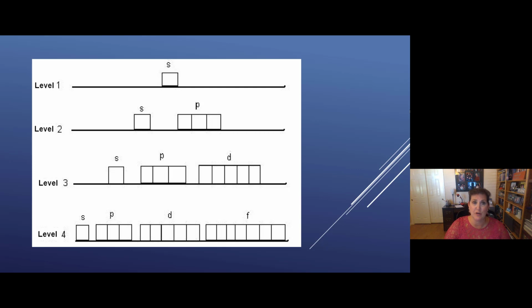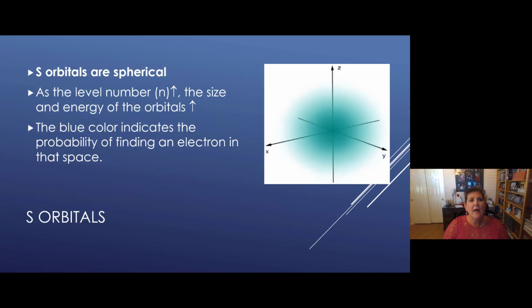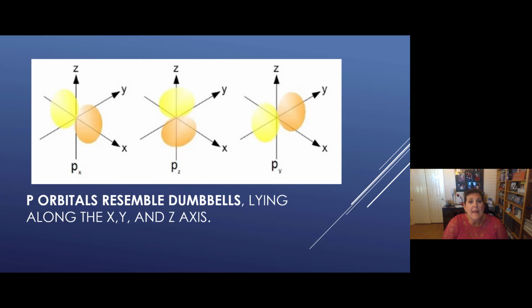It's the money picture. Now the s orbitals in shape are spherical, meaning the electron is likely to be found in that sphere. So the blue color here indicates the sphere and the high probability of finding an electron. So s orbitals are spherical. Now the p's look like dumbbells or figure 8s.